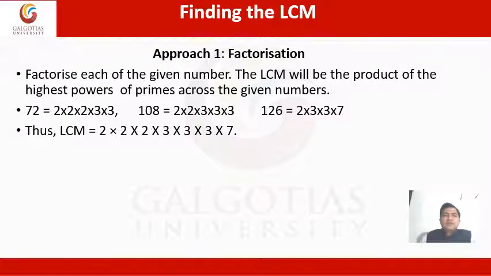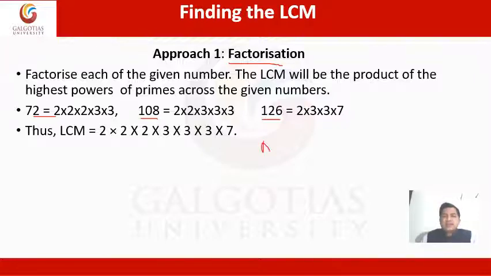Now in this case, as I told you, there are two different methods of finding out the HCF. Similarly, to find out the LCM also, the factorization method works. I told you already how to find out the HCF of these three numbers in the earlier slides. Now if you have to find out the LCM of these numbers, just understand with a very basic definition of LCM.